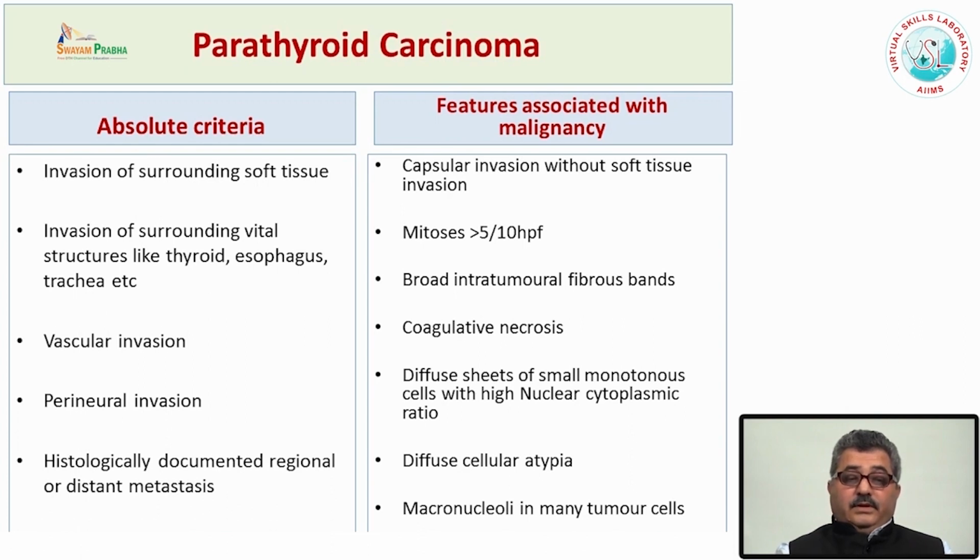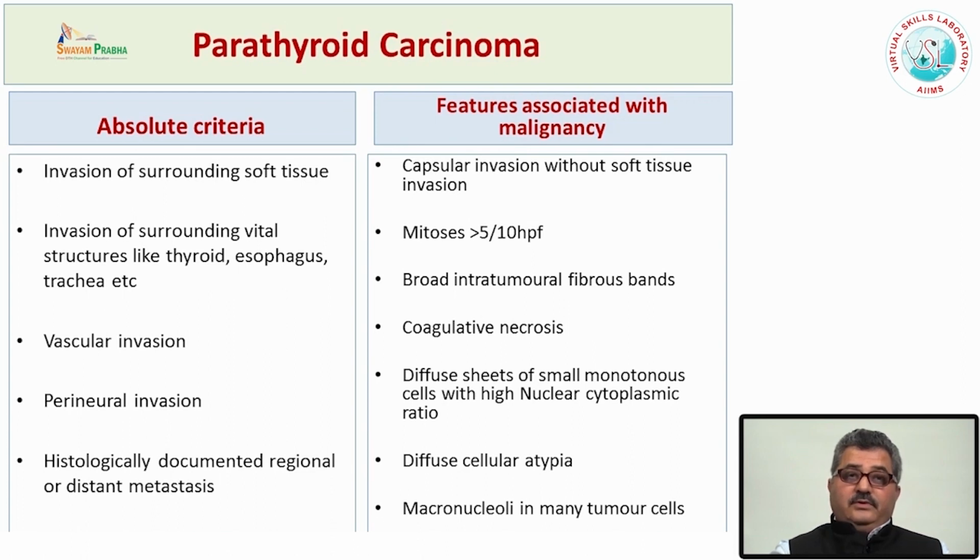Then vascular invasion, and the point to be remembered here is that vascular invasion should be considered only when it involves vessels outside the capsule. Sometimes because of knife artifacts, there can be tumor thrombi in the lumina of the vessels, which should not be interpreted as vascular invasion.